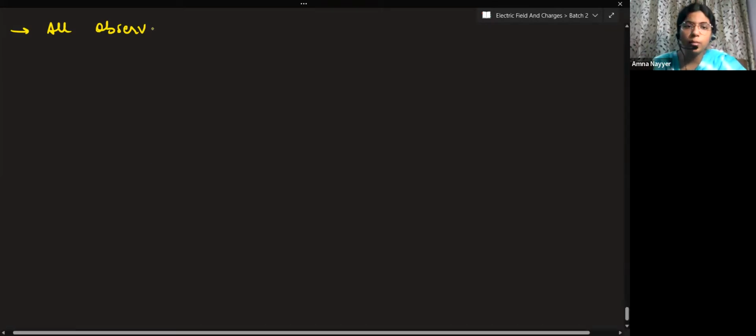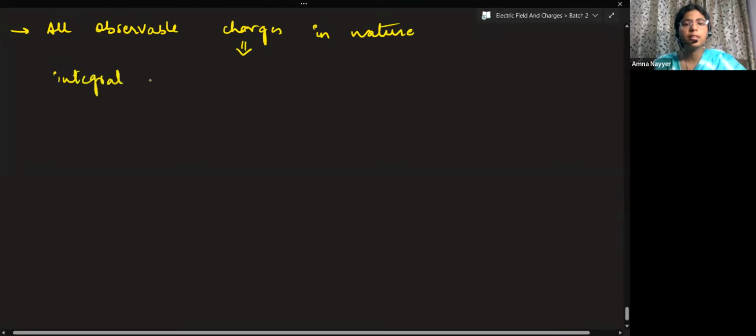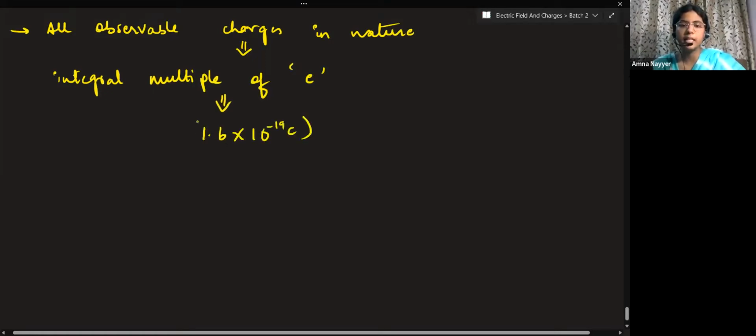So all the observable charges in nature are integral multiples of electronic charge. Electronic charge means 1.6 into 10 to the power minus 19 coulombs.